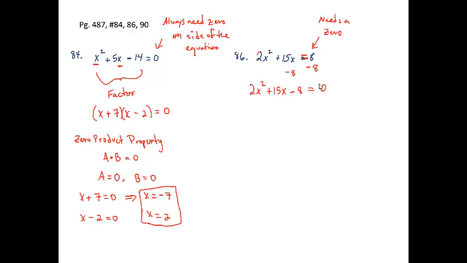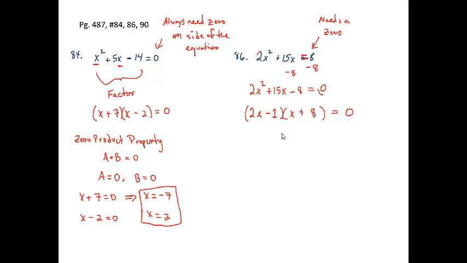So the first step was to get 0 on the right side. Then you want to factor. Let's see if we can factor this. And of course, make sure you're doing your steps on your paper to verify with me. I'm going to attempt to do this in my head. Okay, 2x squared plus 15x minus 8 equals 0.